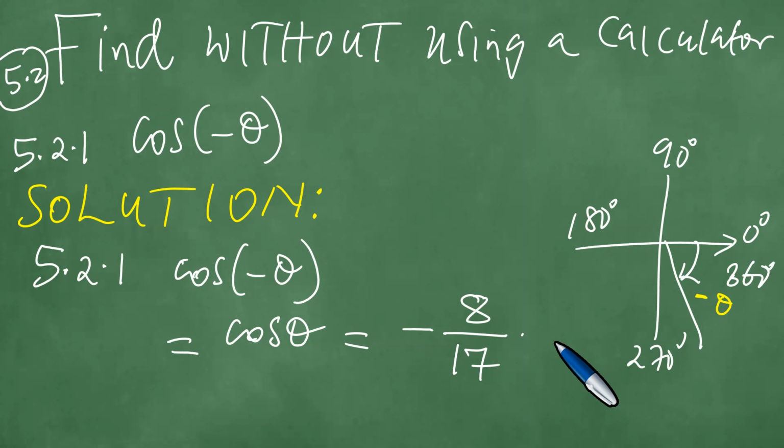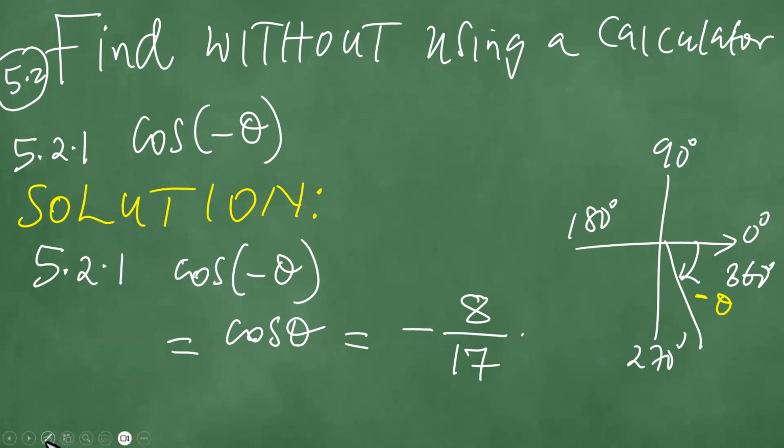And so we continue to analyze this question step by step. What are the things that we are doing here? We now proceed to solve the next problem. We're interested now in finding the solution to 5.2.